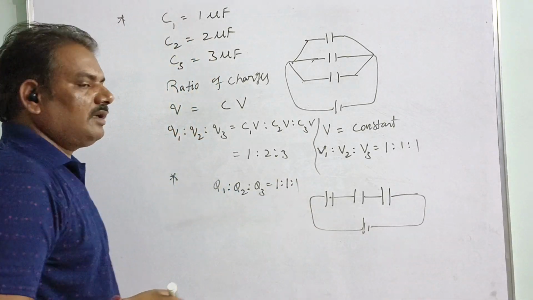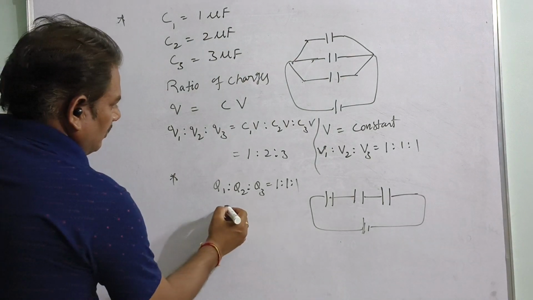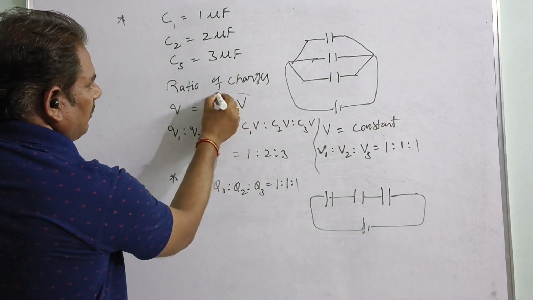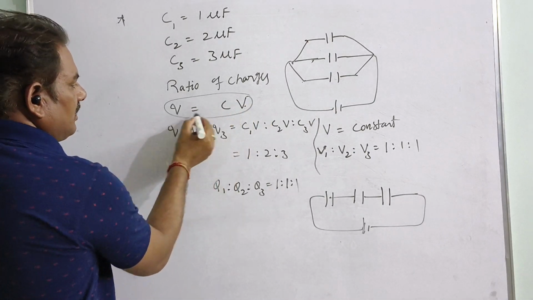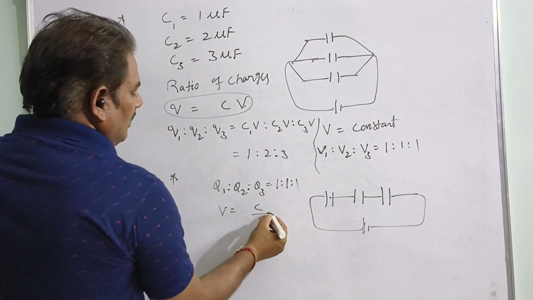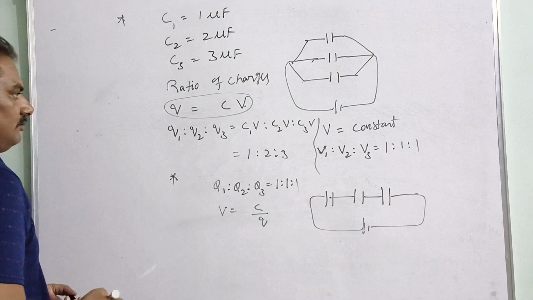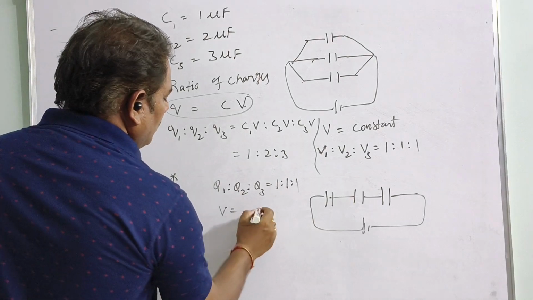But the potential is different. What is the potential ratio? We know from this formula, potential is equal to Q by C.